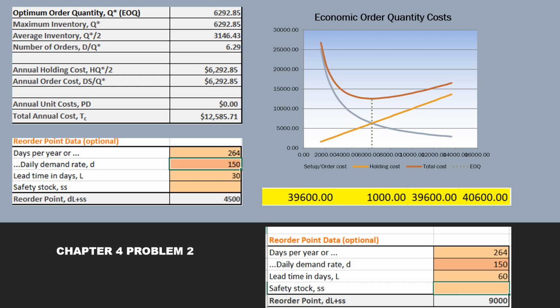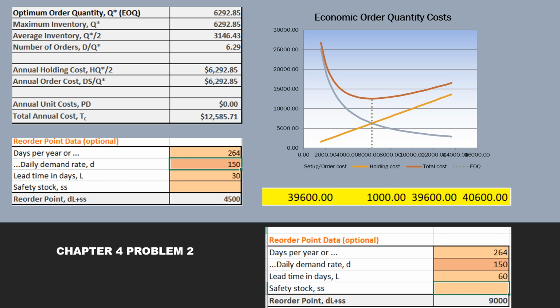Our total annual cost is 12,586. For our reorder point, with 264 working days, our daily demand rate for 39,600 annual demand will be 150. Simply multiply that with the lead time of 30 days, so we will get 4,500. What if our lead time is 60 days? It's again simply 150 times 60, so that will give us 9,000 units.